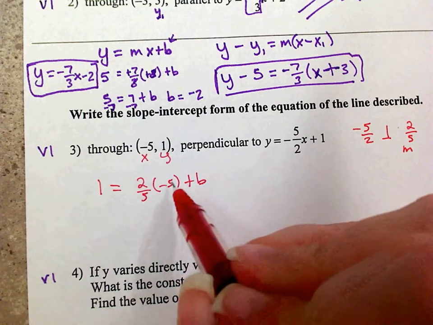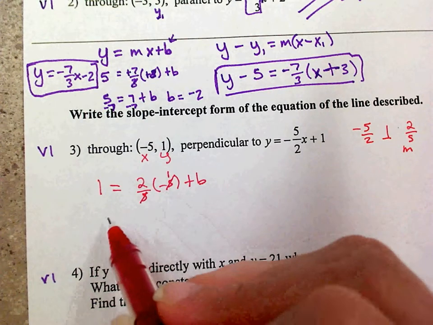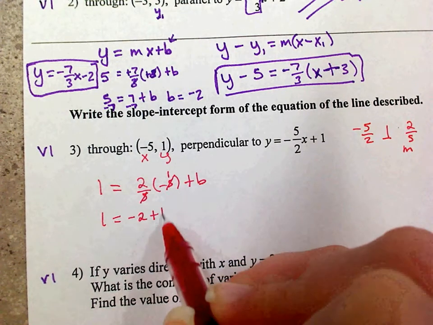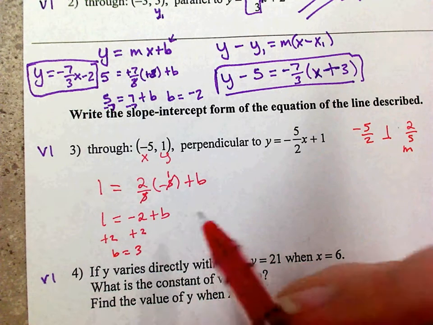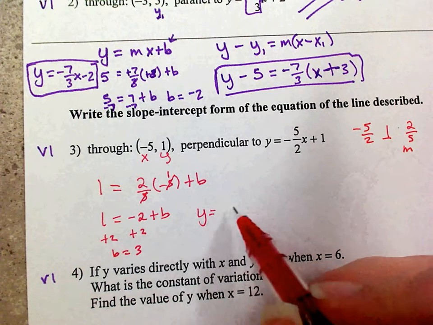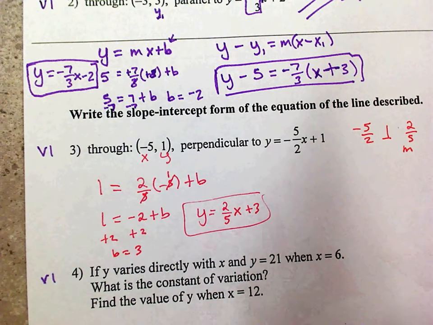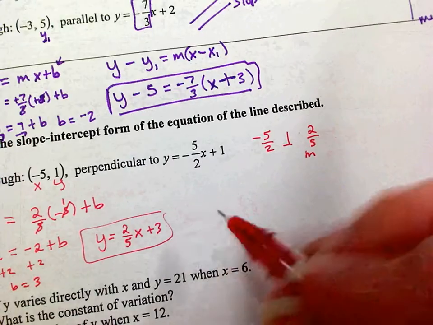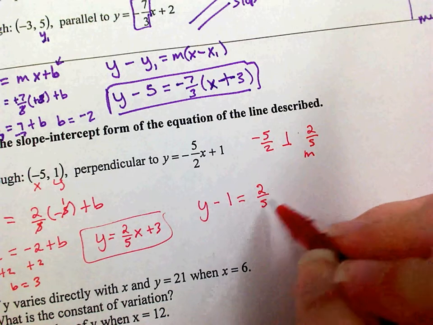A negative 5 divided by a positive 5 is a negative 1. 2 times a negative 1 is negative 2. Add 2 to both sides, and you get b is 3. So y equals mx plus b. Okay? Or like the other one, y minus y1 equals m times x minus x1.